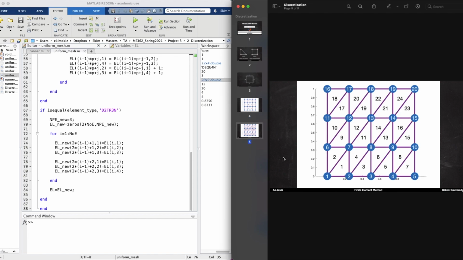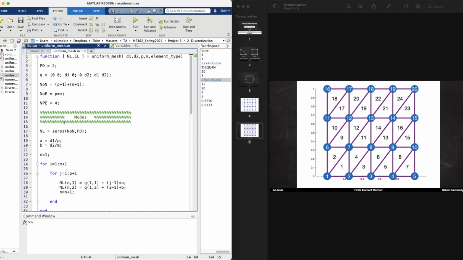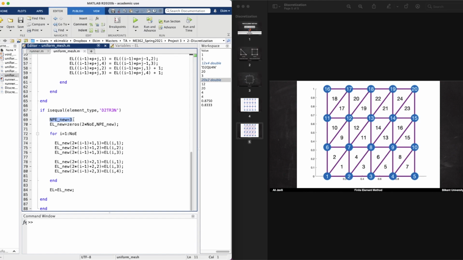Okay, so let's see what happens there. So we have an if condition, and it checks if our element type is equal to the 3-noded triangular one. And if it is, then it goes on to define a new node per element. So remember, it was set to 4. Now we set it to 3, and we say it's a new node per element.